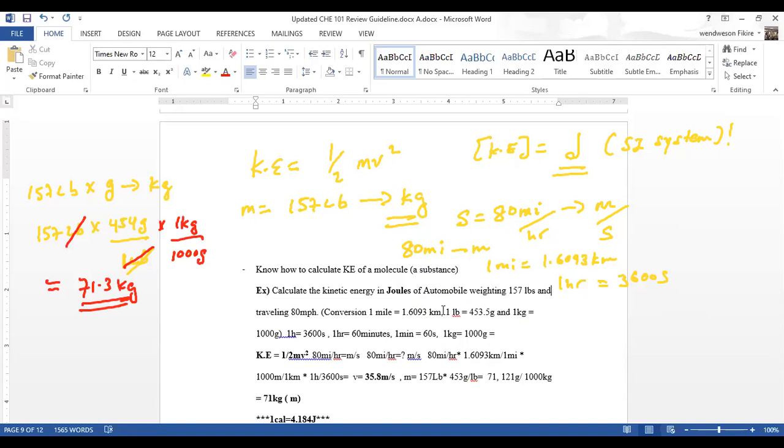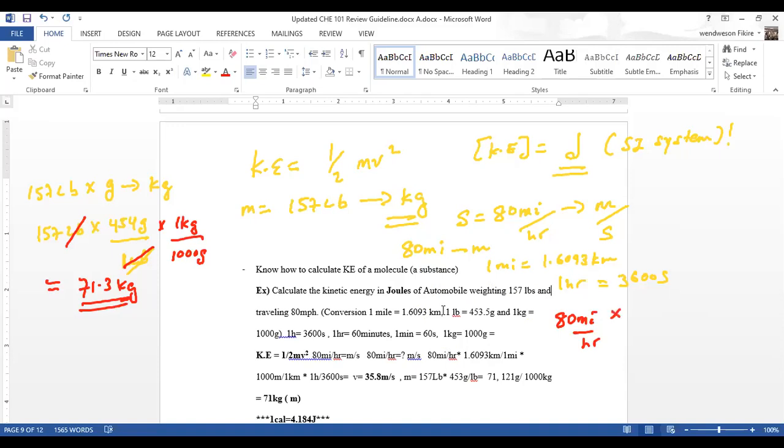But let's make a comparison. Conversion is something that we discussed in chapter 1, I believe. The velocity is given as 80 miles per hour. This has to be changed into kilometers per second.